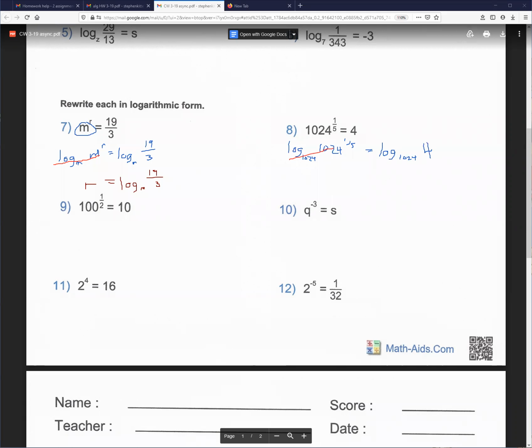And so now we will bring everything down, and we will write it as 1/5 is equal to log base 1024 of 4. This is your process. And once again, you can do the this goes here, this goes there. You can say, oh, the 1024 went here, the 1/5 went here, and the 4 went over here, and do the hocus pocus, shuffle it around, like trying to follow which shell has the ball under it.